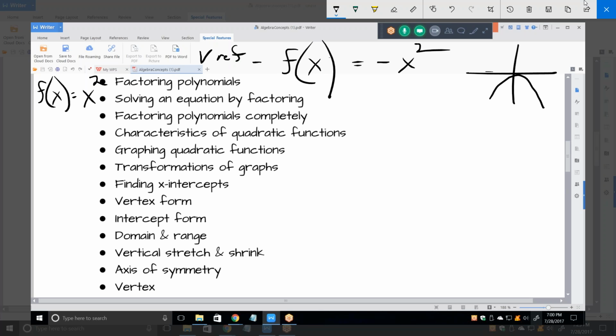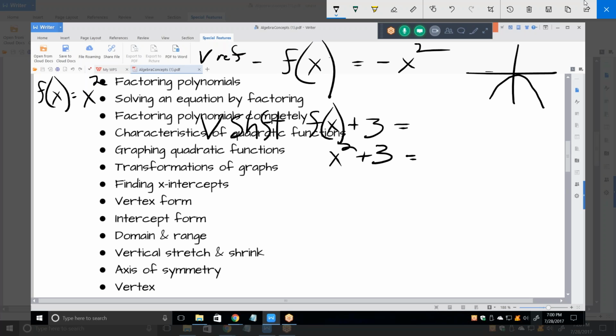Now let's talk about a vertical shift, which is the next easiest thing, which is the original function plus some number. We'll say 3, but it could be any number. Okay? So what is f of x plus 3? If f of x is x squared, what is f of x plus 3? X squared plus 3.